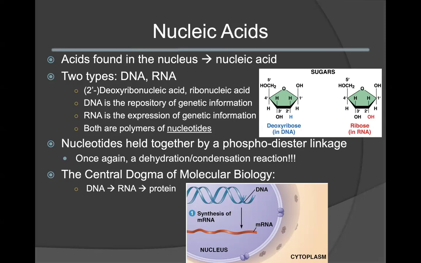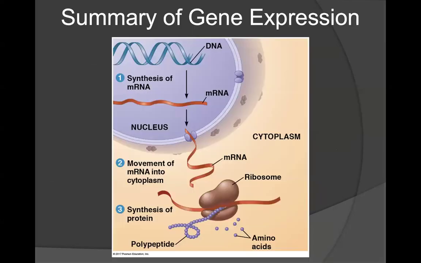We have a double-stranded DNA, which acts as a template. RNA is going to be made from that DNA template. That will then be transported into the cytoplasm. Ribosomes will then come in to help express that information. So we can see here the linkage between nucleic acids and also between your proteins.